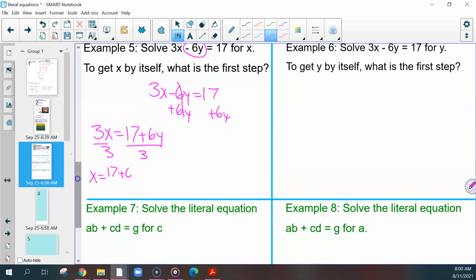So with this, you can write this a couple different ways. As that whole fraction, leave it alone. There are some parts of this that you could simplify. So if you wanted to do that, you would need to separate this into two fractions, meaning have 17 over 3 and 6y over 3.